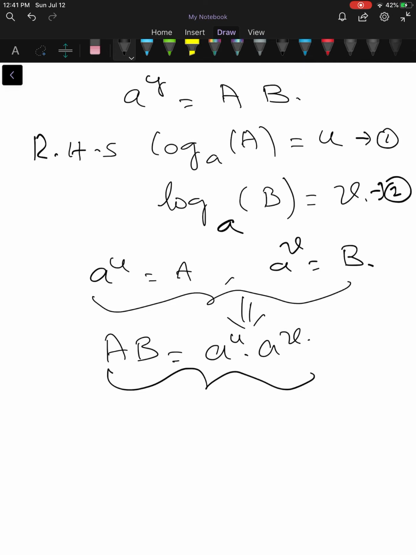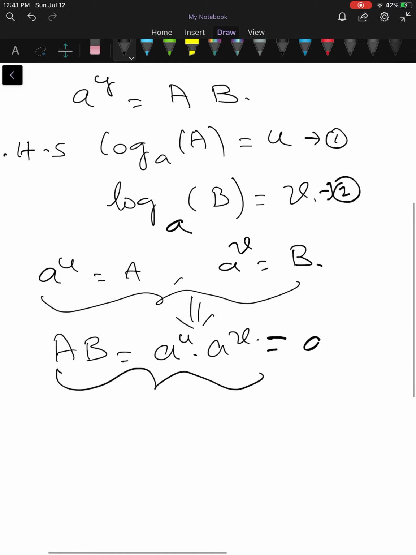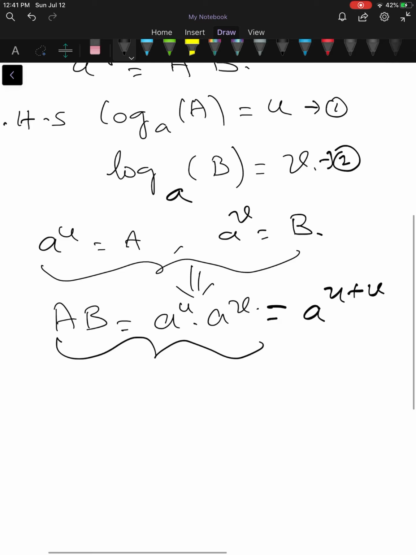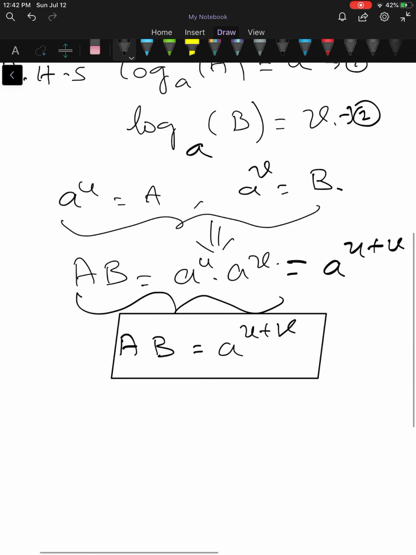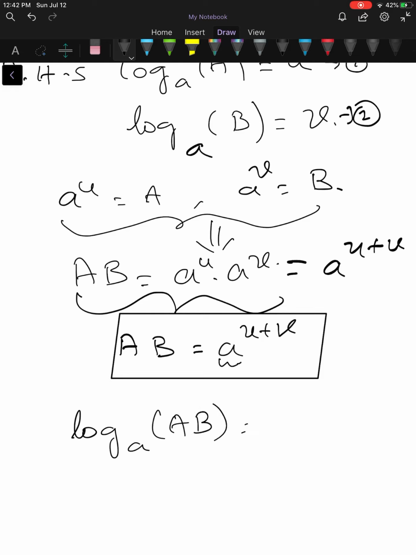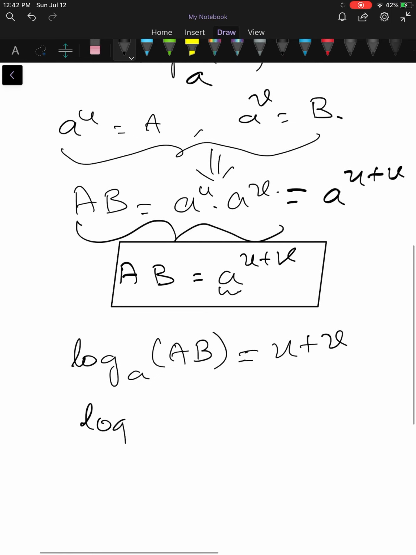So this is nothing but a to the power of u plus v. If you write AB is equal to a to the power of u plus v in the logarithmic form using the definition, you will get log base a of AB is equal to the exponent, that is u plus v.